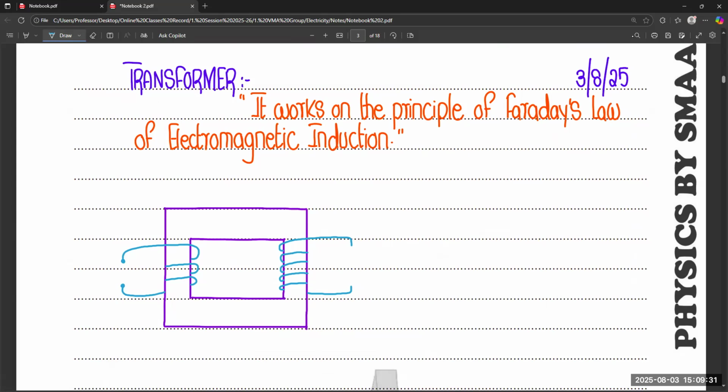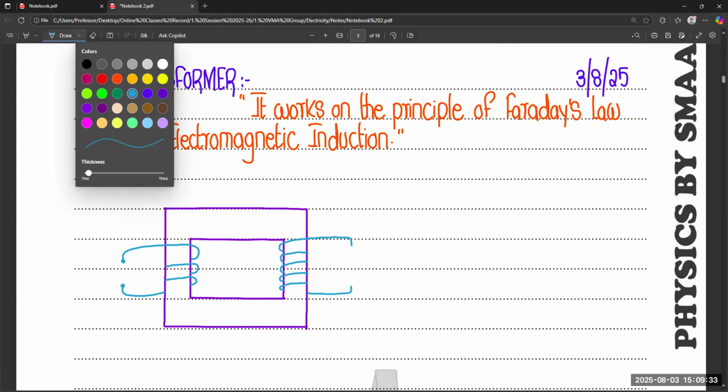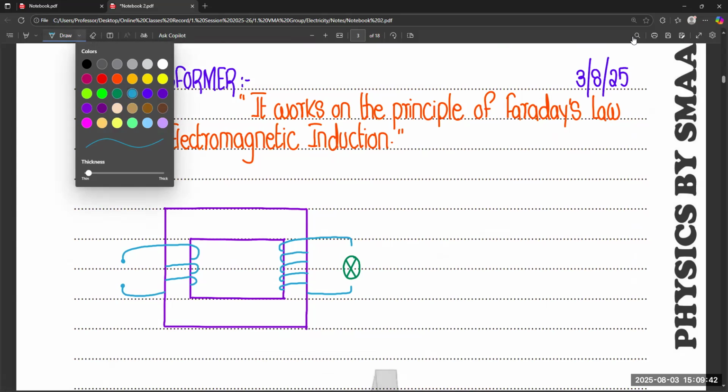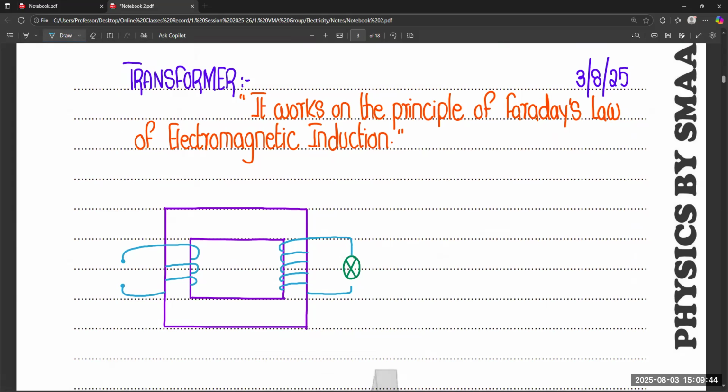And let's suppose it is connected with an output, for example a lamp. On the left hand side, we have an AC source of current. We are not using a DC source in it. We are using an AC source.